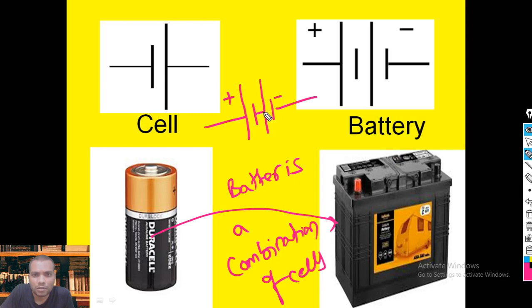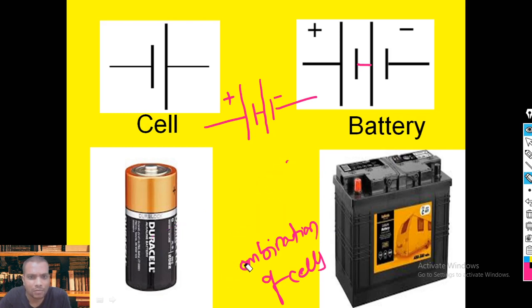Here there should be one connection. Now this symbol is for the battery. We need to repeat the cell symbol twice or thrice, depending upon the size of the battery. If you repeat the same cell symbol twice or thrice, that gives the symbol for a battery.